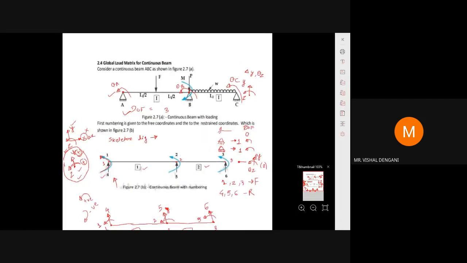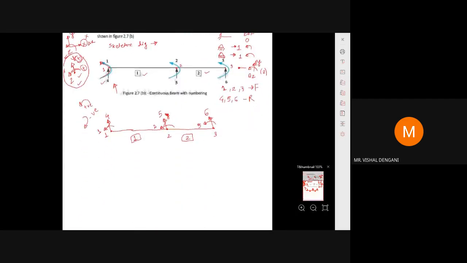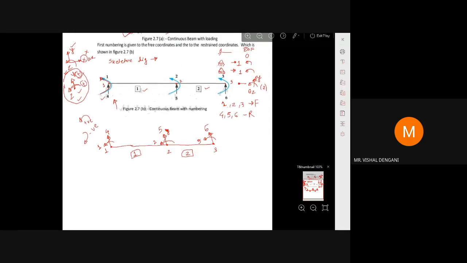Okay, so we'll continue now. So again, I will take one of the examples so that it will be easy for you to understand how to draw the skeleton diagram and how to show the freedom and the restraint code. Okay.